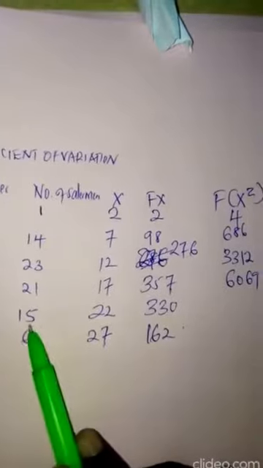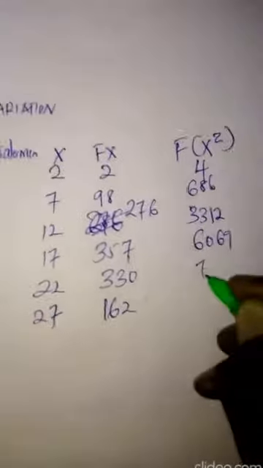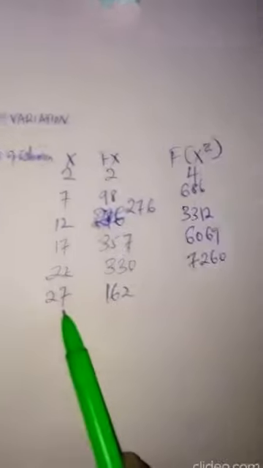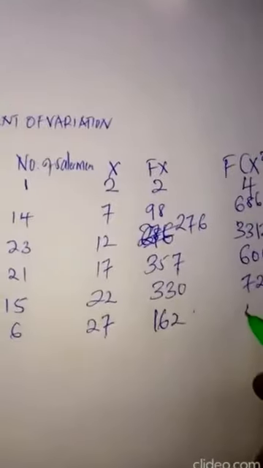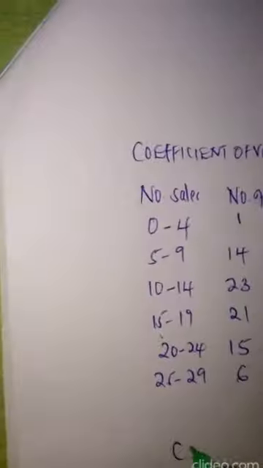Then we have 15 multiplied by 22 squared, you get 7260. And then finally we have 6 multiplied by 27 squared, that gives you 4374.